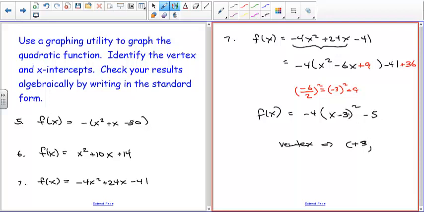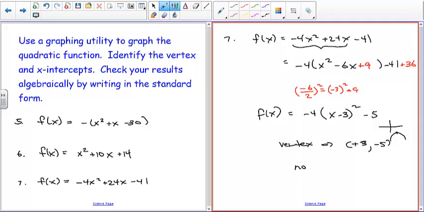It's x minus h, so h is 3, so that's plus 3 minus 5. How do we know this has no x-intercepts? Well, it's below the x-axis, because you go over 3, down 5, and it's going to open downward like that. So there's no way to have x-intercepts.